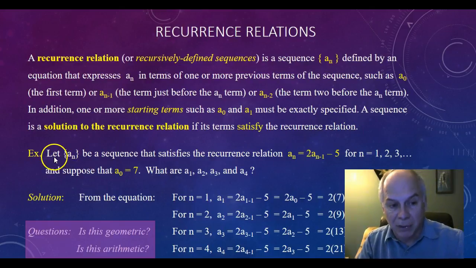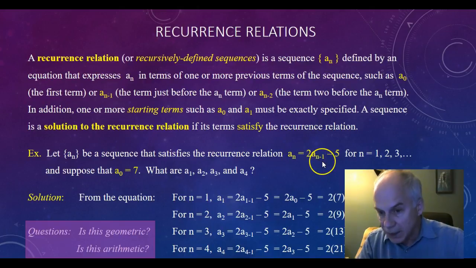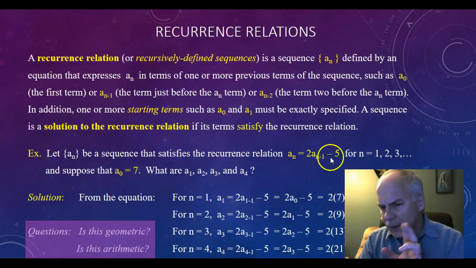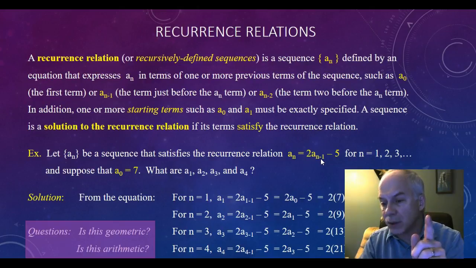So here's an example. Let a sub n be a sequence that satisfies the recurrence relation a sub n equals 2 times a sub n minus 1, and then minus 5. But notice that a sub n is not defined in terms of n, but it's defined in terms of a sub n minus 1, which is the previous term.